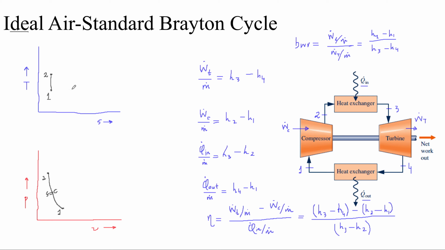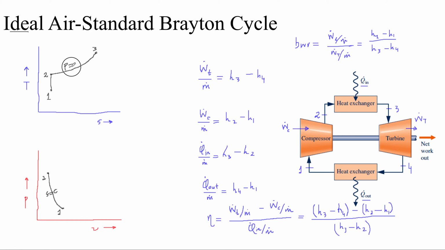Now from 2 to 3, because heat addition is taking place, and that heat addition is going to be taking place at a constant pressure. So 2 to 3 is going to be on the constant pressure line on the TS diagram. So we're going to have the constant pressure line, which looks like this on the TS diagram.